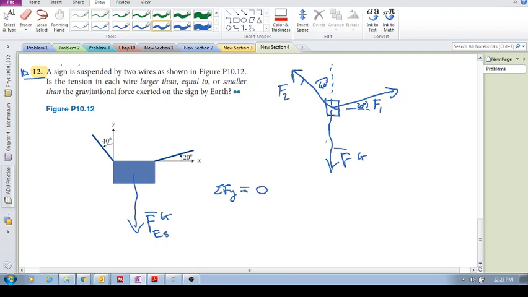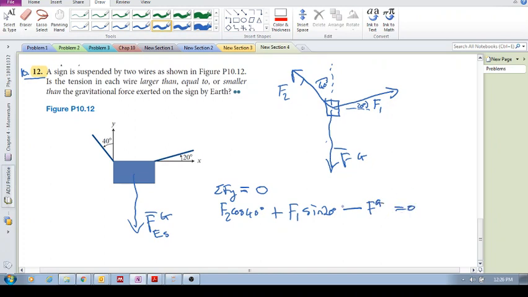Now what are the forces in the y? The forces in the y are F2 cos 40 plus F1 sine 20, right? Sine 20 equals, let me do it this way, just so that it's absolutely clear, minus Fg equals 0.